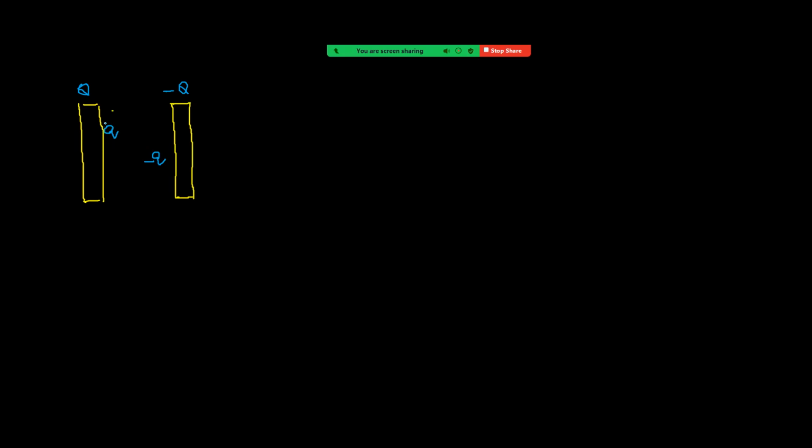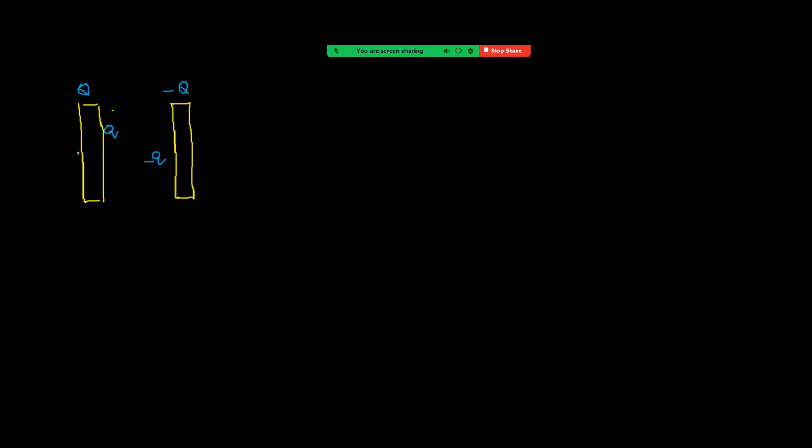See why like this? Any field line that starts from here will end on the surface. So the number of field lines coming from this surface and ending on this one will be the same. That's why if this is q, this will be minus q.